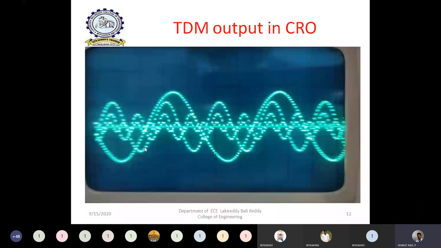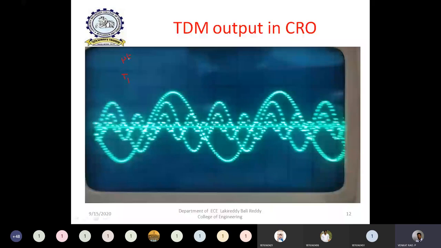For example, let us say any time instant along this time axis: at time instant t1, the first sample of the first signal may be obtained.